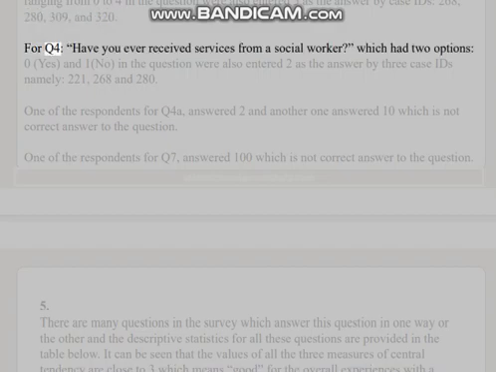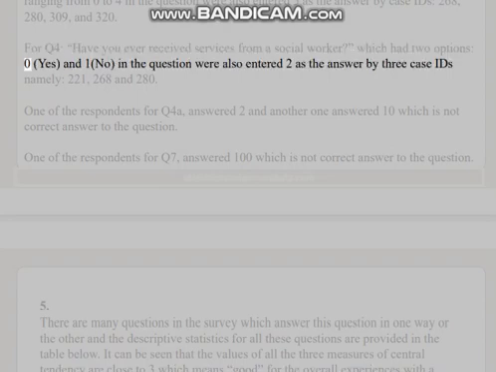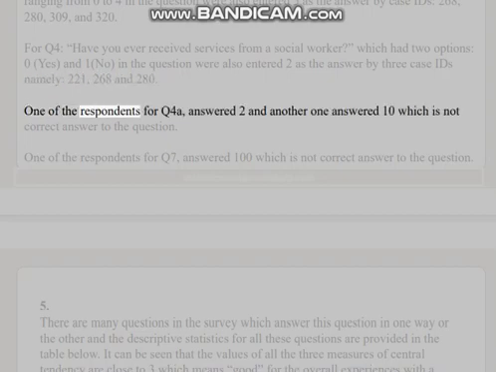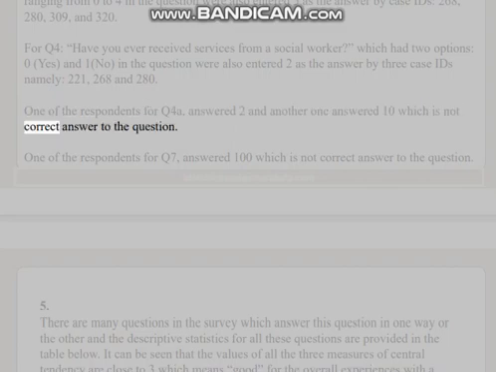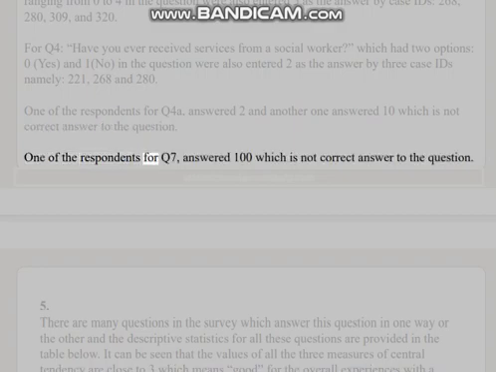For Q4, have you ever received services from a social worker, which had 2 options, 0 yes and 1 no, 2 was also entered as the answer by 3 case IDs, namely 221, 268 and 280. One of the respondents for Q4A answered 2 and another one answered 10, which is not a correct answer to the question. One of the respondents for Q7 answered 100, which is not a correct answer to the question.